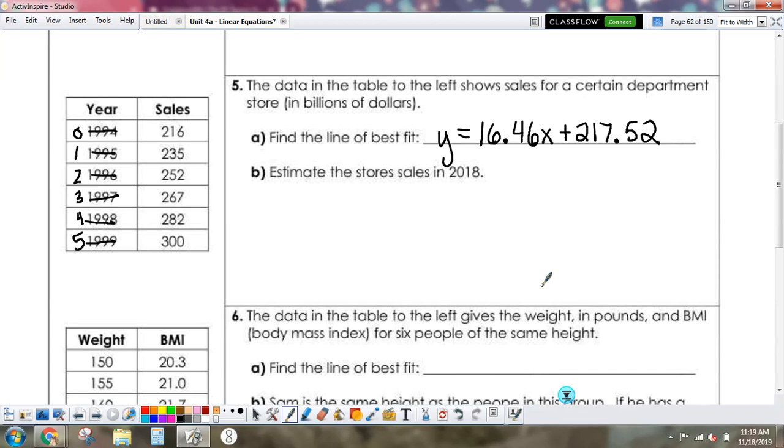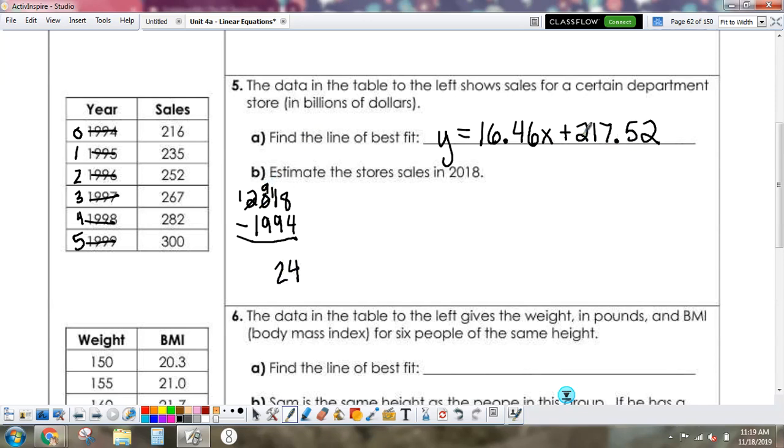After that, to get the estimate for the store sales in 2018, I need to do 2018 minus my initial year of 1994 to get how many years it has been. So that's 24 years later.